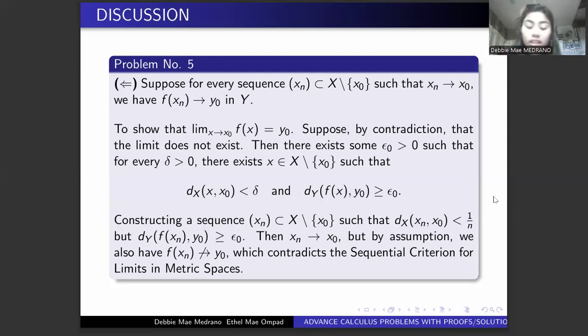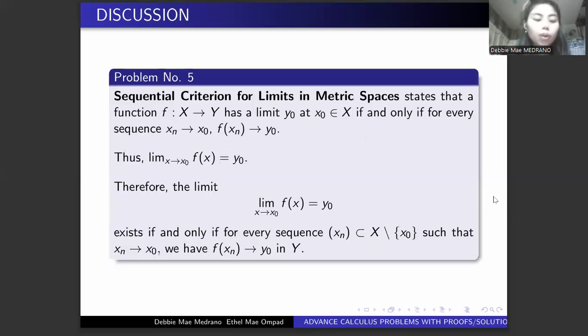Then x_n approaches x_0, but by assumption, we also have f(x_n) does not approach y_0, which contradicts the sequential criterion for limits in metric spaces. The sequential criterion for limits in metric spaces states that a function defined from X to Y has limit y_0 at x_0, an element of X, if and only if for every sequence x_n approaching x_0, f(x_n) approaches y_0.